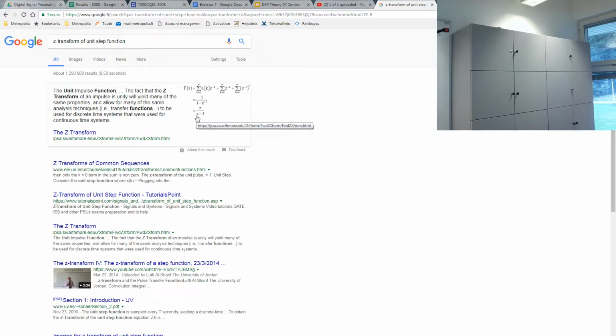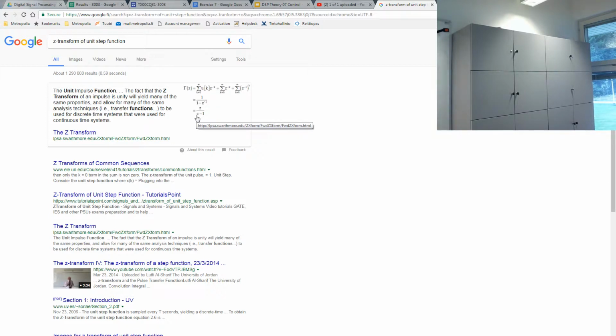So what happens to this one, to get the limit? The limit value of Sn as n reaches infinity is the same as the limit value of z approaching 1 for h of z.